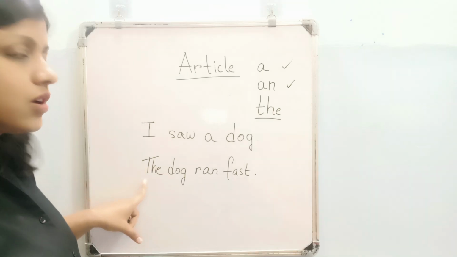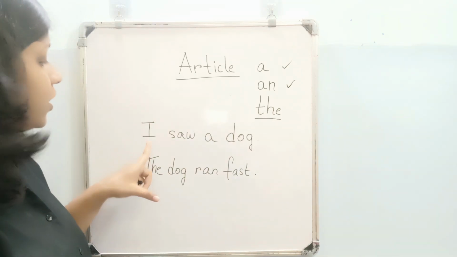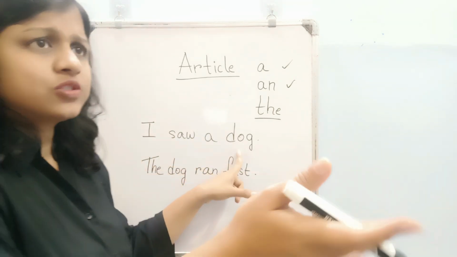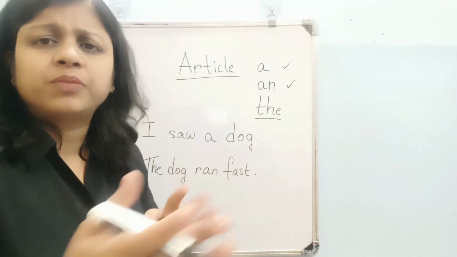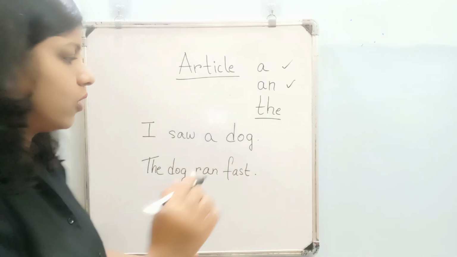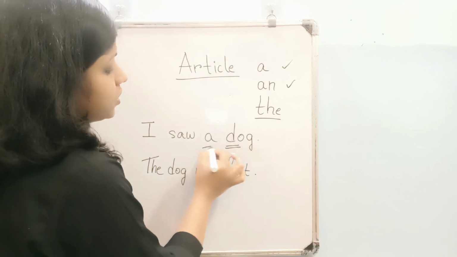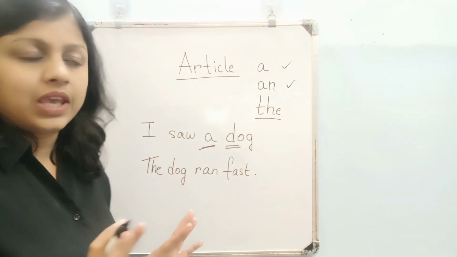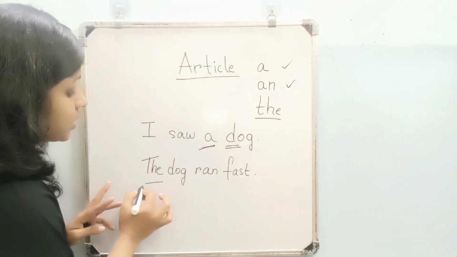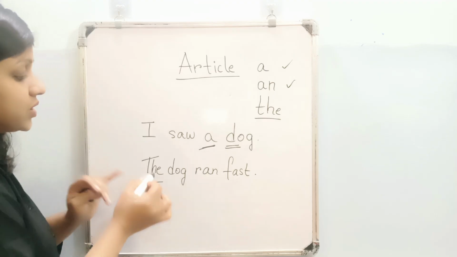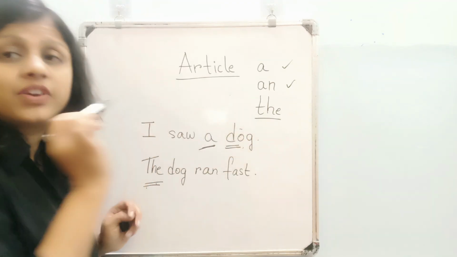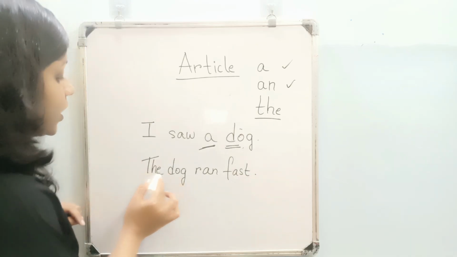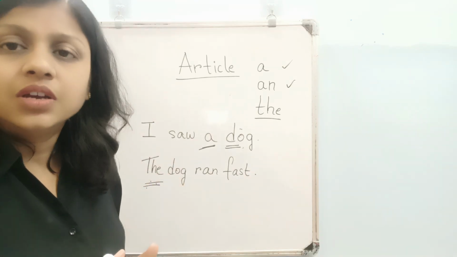Here we have used the article the. Why? I saw a dog means any dog I saw. I'm not telling about any particular dog. I just saw a dog. It was starting with a consonant, so we used the article a. Here we use the article the. The dog ran fast, because I'm talking about this specific dog. That's why I use the article the. Understand?